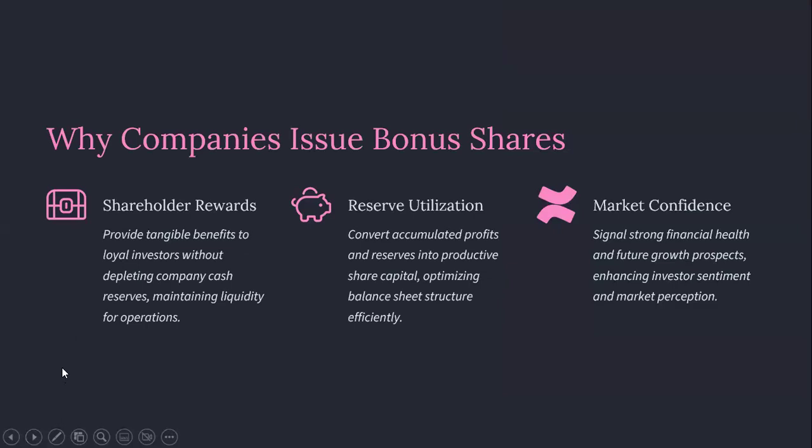Now, why does a company issue bonus shares? Bonus shares are issued for giving a strong signal about the good financial health of the organization. It creates very good confidence in the minds of shareholders, and it gives a strong signal that the company is progressing and has a very solid economic foundation. A company earning continuous profits always prefers to give bonus shares to avoid overlocking of reserves.